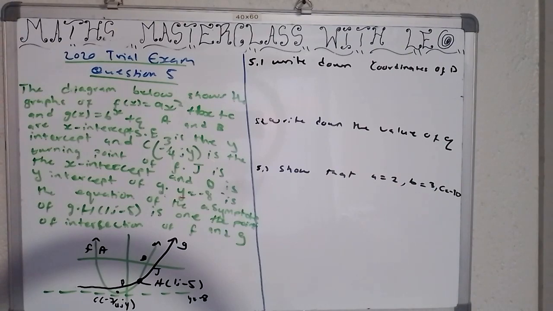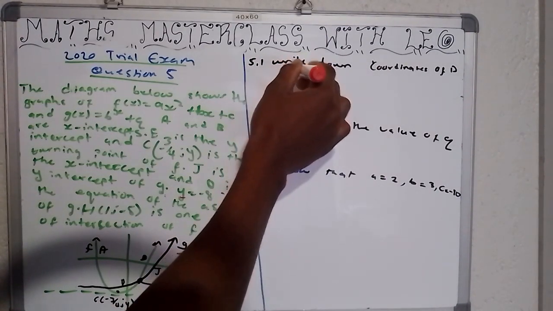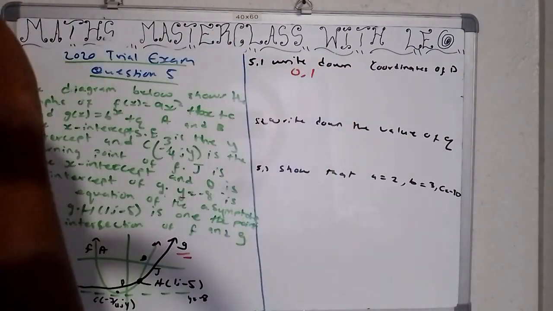First question, write down the coordinates of d. You need the coordinates of d. Originally, you know that the coordinates of this exponential function are 0, 1, right?